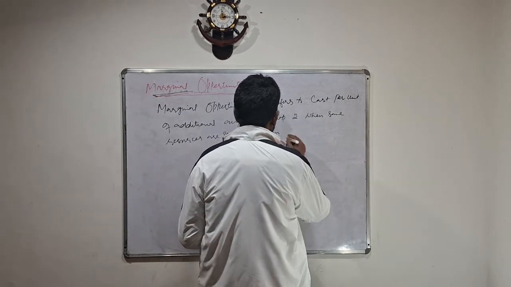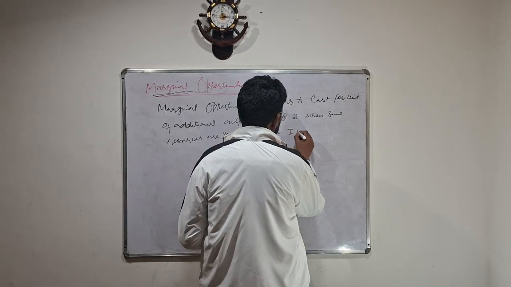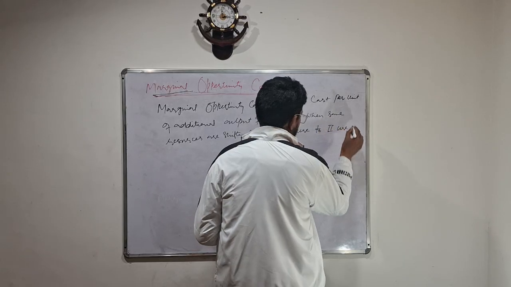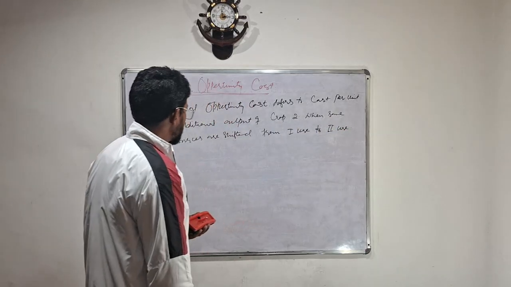In numerical form, shifted from first use to second use, or first opportunity to second opportunity, is what we call marginal opportunity cost.